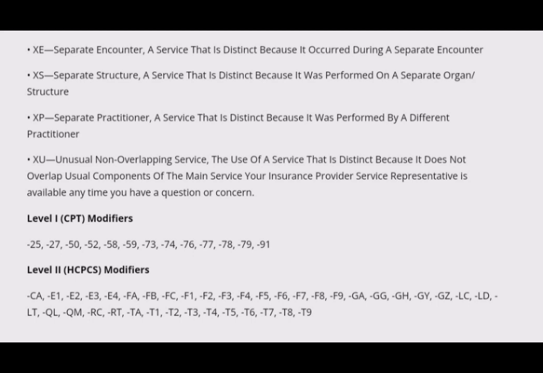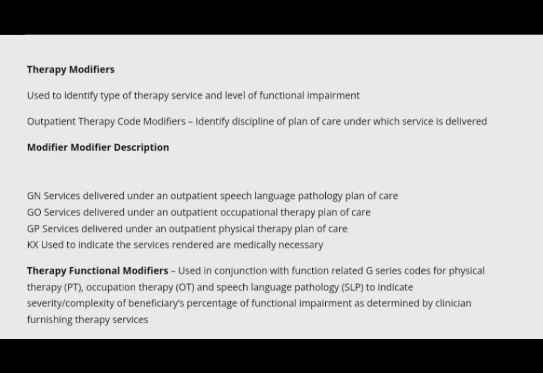Level 2 HCPCS modifiers: CA, E1, E2, E3, E4, FA, FB, FC, F1, F2, F3, F4, F5, F6, F7, F8, F9, GA, GG, GH, GY, GZ, LC, LD, LT, QL, QM, RC, RT, TA, T1, T2, T3, T4, T5, T6, T7, T8, T9. Therapy modifiers used to identify type of therapy service and level of functional impairment.